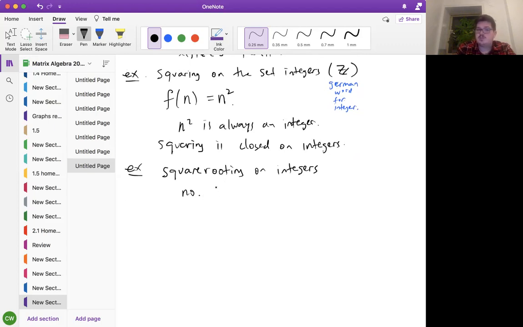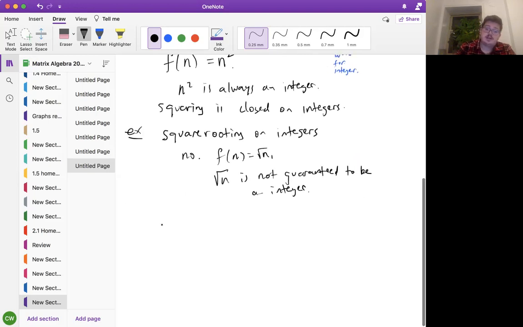So square rooting is no, because if you have f of n is equal to square root of n, the square root of n is not guaranteed to be an integer.